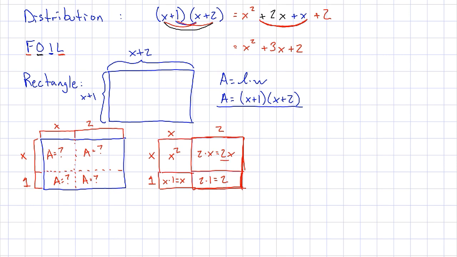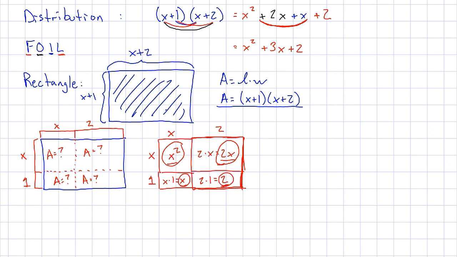So these are the 4 things that I add together in order to achieve the blue area. So this larger area here is equal to the sum of each of these 4 smaller areas. So the area is equal to x squared plus 2x plus x plus 2.